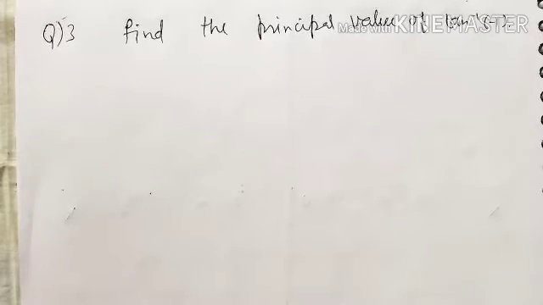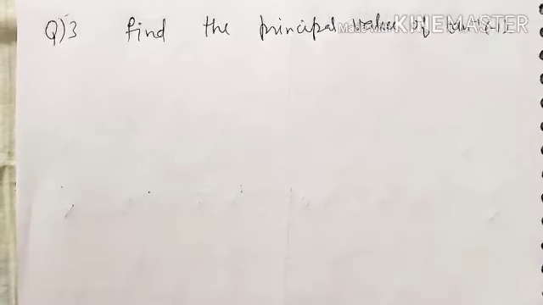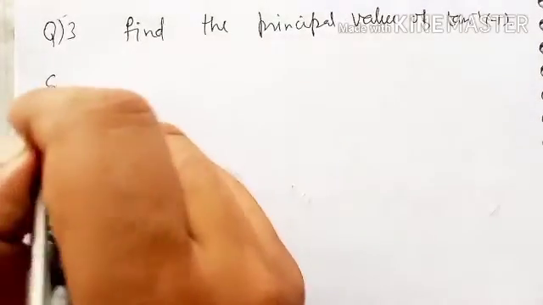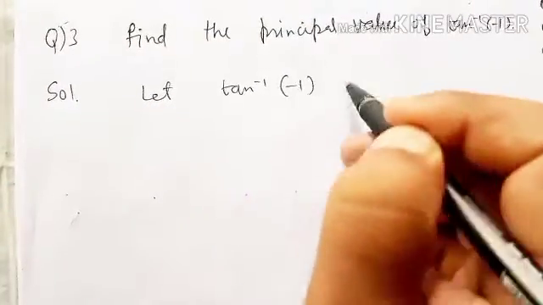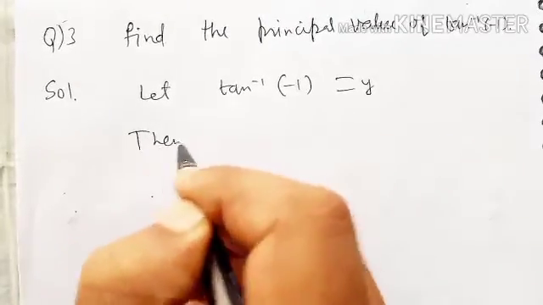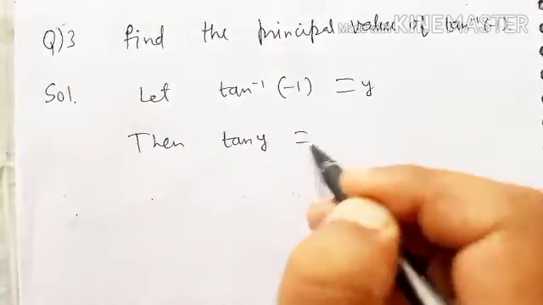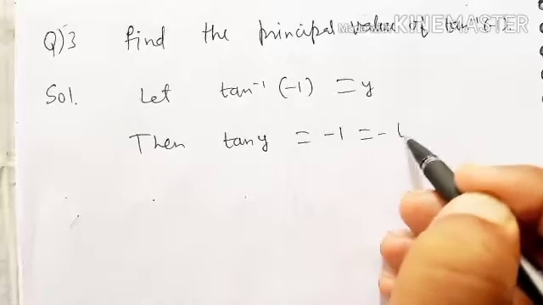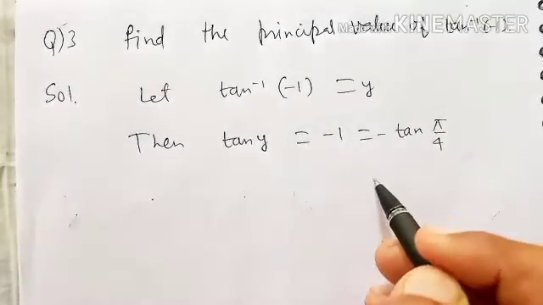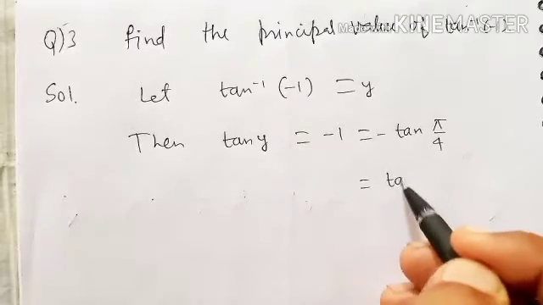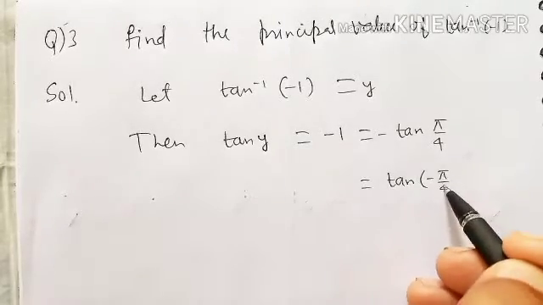So the question is, find the principal value of tan inverse minus 1. Let tan inverse minus 1 be equal to y. Then tan y is equal to minus 1, which is minus tan pi by 4. This is equal to tan of minus pi by 4.